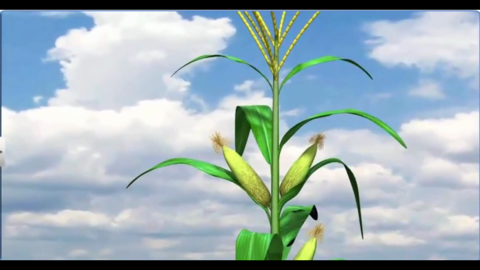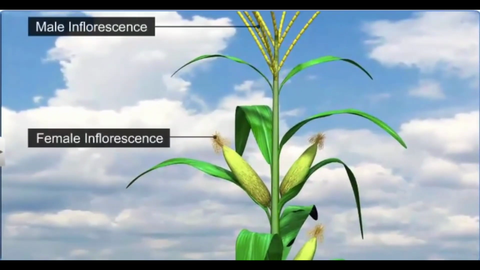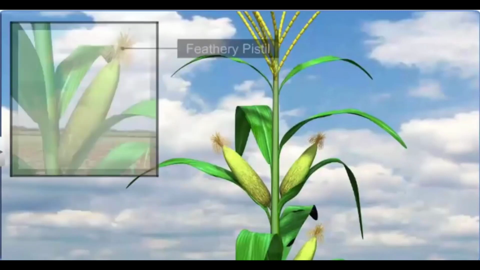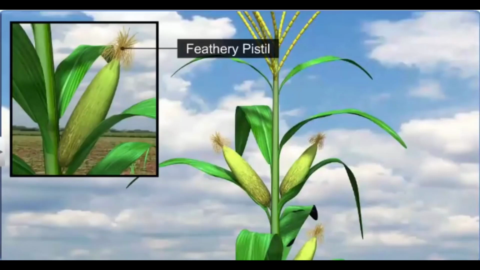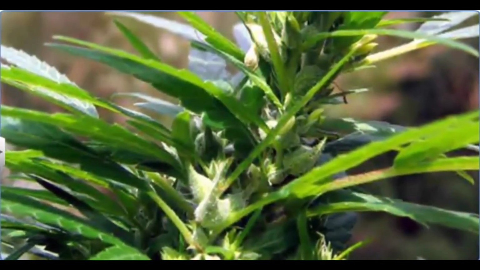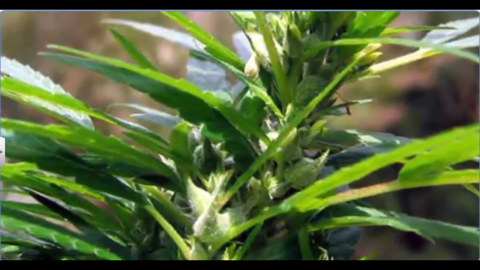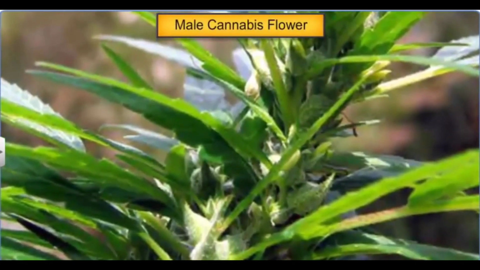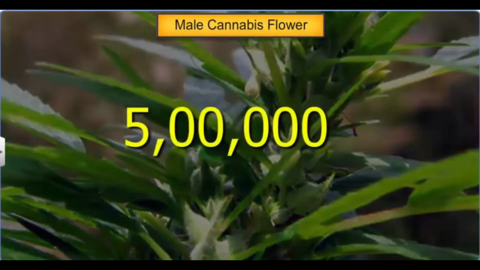These plants possess a compact inflorescence with well-exposed stamens that allow easy dispersal of pollen, and a large feathery pistil which makes it easy to trap pollen. The pollen, which is light and non-sticky, is produced in large quantities. A single flower of cannabis, for instance, produces 5 lakh pollen grains to compensate the loss of pollen associated with wind pollination.